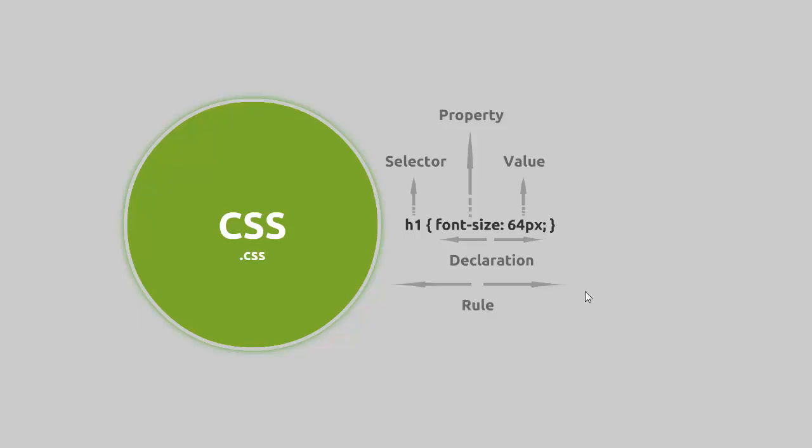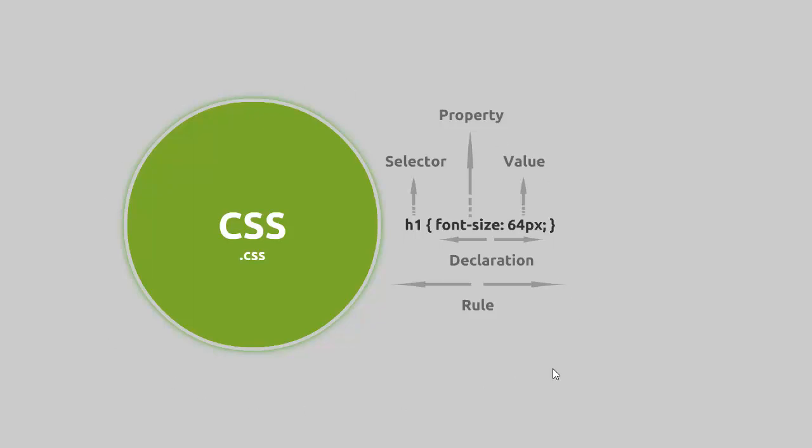Altogether, this is called a CSS rule. While HTML brings our content and gives meaning to that content, CSS brings that content to life visually. That's what gives us our visual presentation and our formatting and our layout.